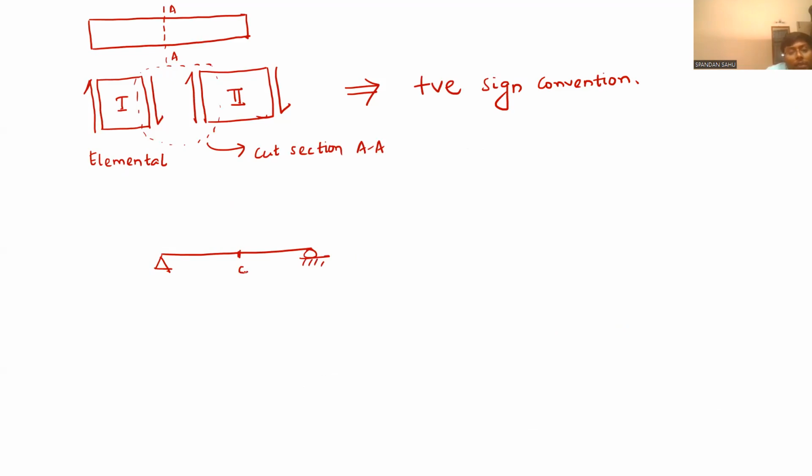So this was the midspan C, this is A, this is B. We have to release the shear force, so we have dissected the beam into two parts and given a shear release. This joint is called a shear release.